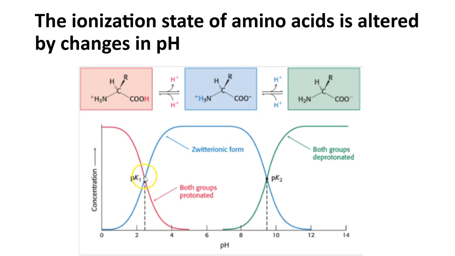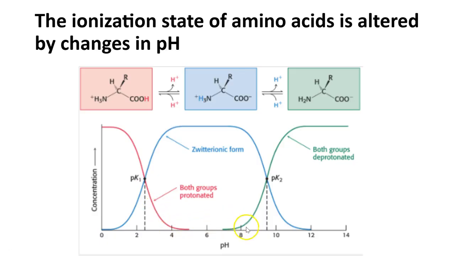And when you reach the pKa1, that is the equilibrium where both the protonated version and the zwitterionic form are present. And as you add more and more base, more of the zwitterion is formed, and the protonated form is decreasing more and more.